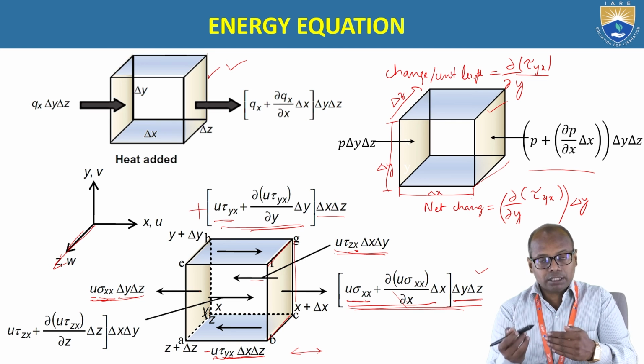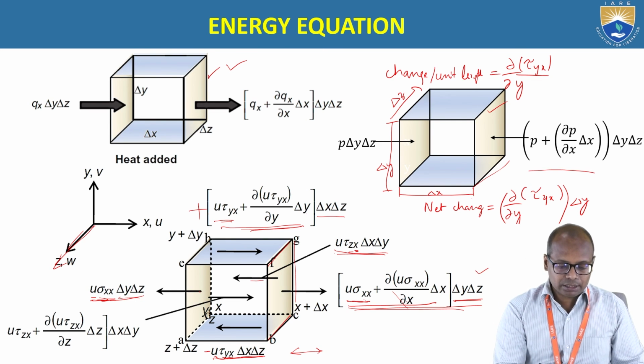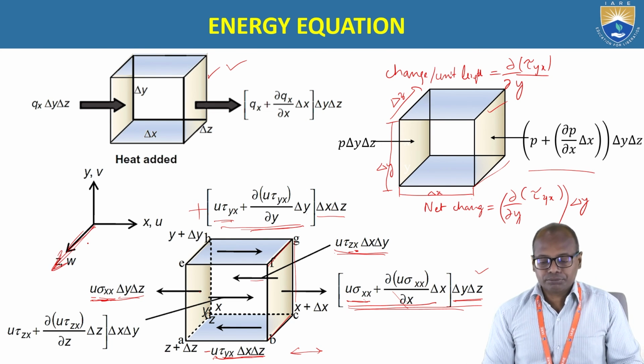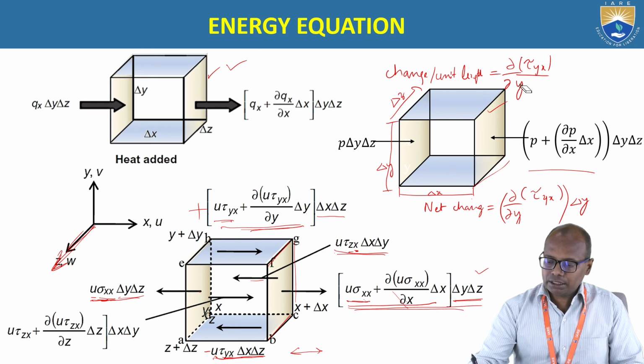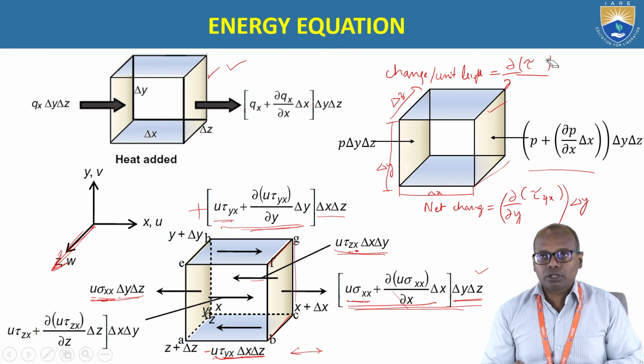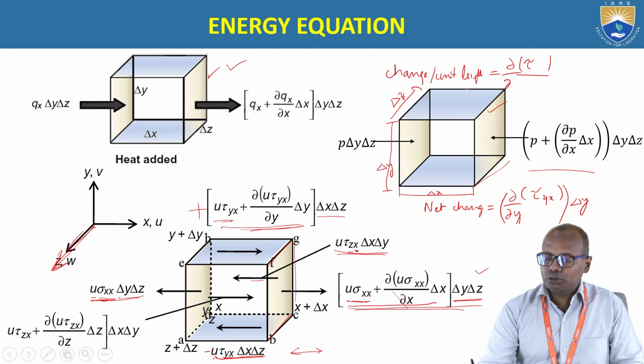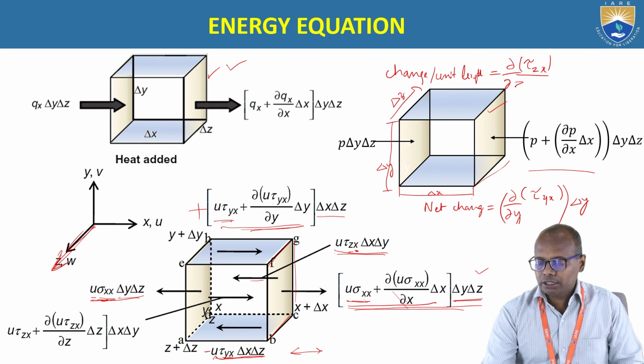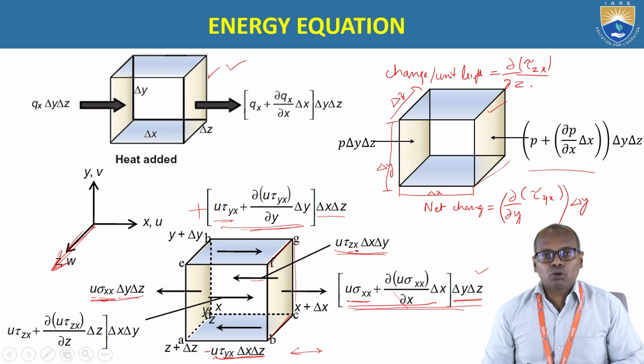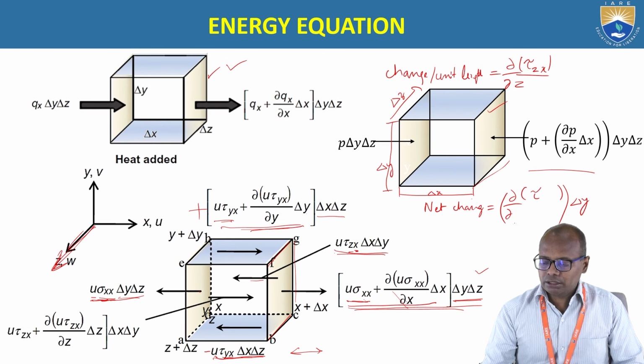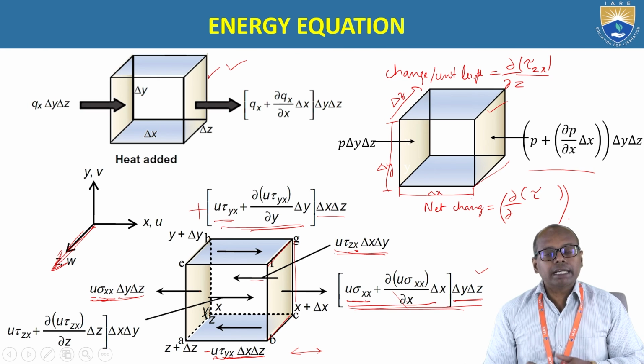Now this is varying in the z direction. So if this is varying in the z direction, what I have to write here? The change per unit length is given by dou by dou z of tau zx. Now what is the net change?